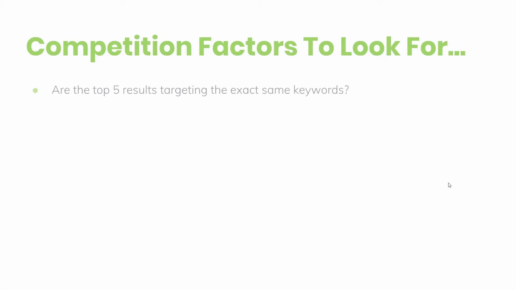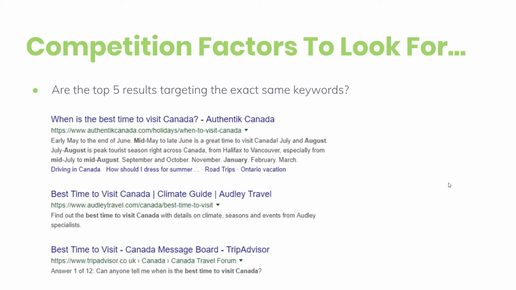And the next one here is the top 5 results targeting the exact same keywords. Now, if we search for something like the best time of year to visit Canada, and the first 5-10 results are virtually identical in terms of the headline, like here: when is the best time to visit Canada, best time to visit Canada, best time to visit Canada.